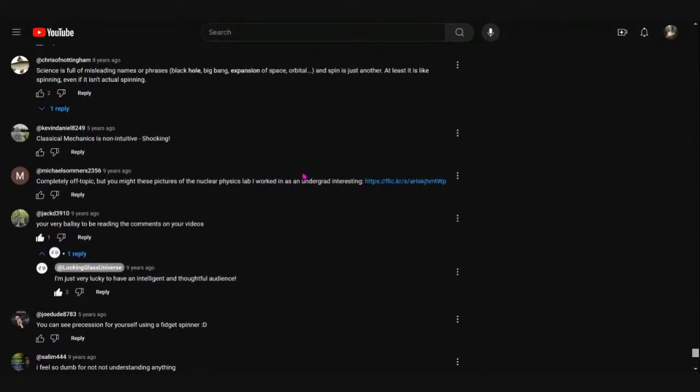Completely off topic, but you might like these pictures of the nuclear physics lab I worked in as an undergrad. Okay, this is from 9 years ago, because today they wouldn't allow you to put a link, unless YouTube doesn't recognize this as a link from Korea.